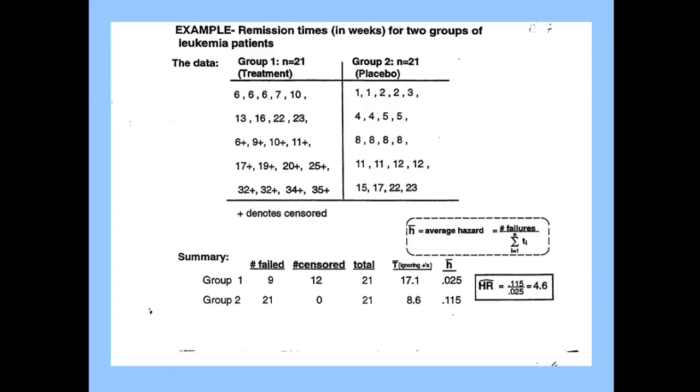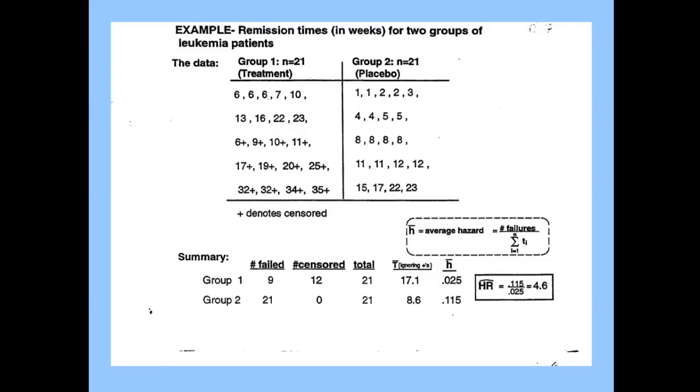Okay, so then how do you pin that down a little bit better? Well, one thing you could do is say, I've got a bunch of numbers over here on the left for the treatment. I'll get an average of these numbers. I'll add up the numbers, divide by 21, since there are 21 numbers, and I'll get an average survival time, average remission time.